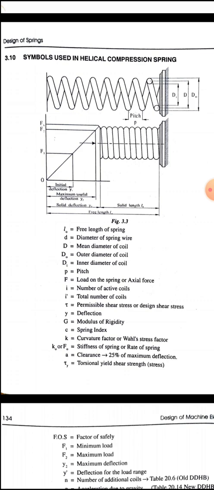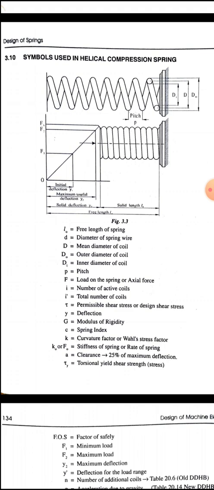Capital G is the modulus of rigidity. Small c is the spring index. Small k is the wall stress factor or curvature factor. F0 or K0 is the stiffness of spring or rate of spring.